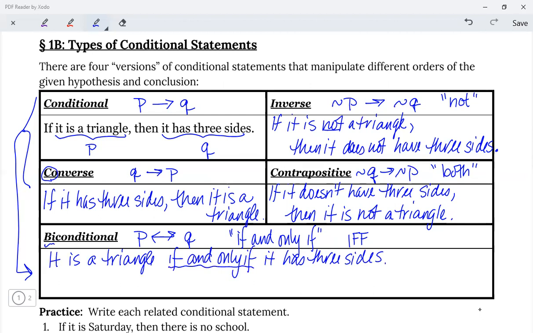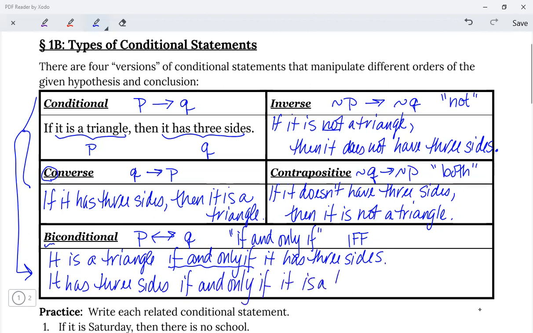I could write it in this direction, or I could write it as basically basing this off of the converse statement. So it has 3 sides if and only if it is a triangle. Either one of these would be a correct way to write the biconditional. It has the if and only if in the middle and our 2 ideas on either end of that.